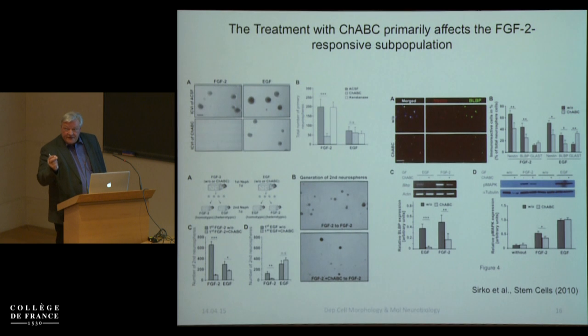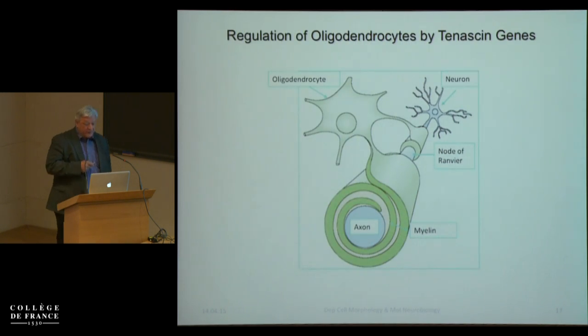Because oligodendrocytes are generated from these stem cells, we have also focused on the oligodendrocyte compartment. These cells are important for myelinating the axon. There is an interest in extracellular matrix and myelin formation because in demyelinated areas, extracellular matrix, including chondroitin sulfate proteoglycans, is upregulated.